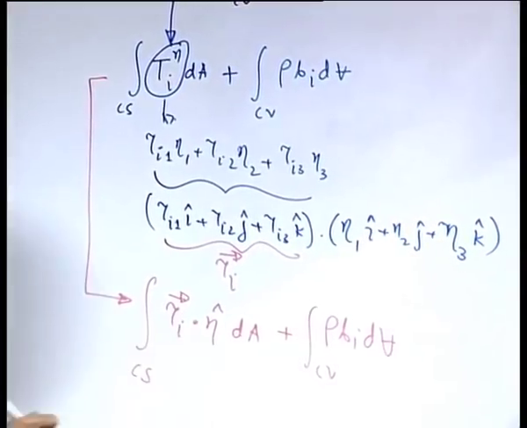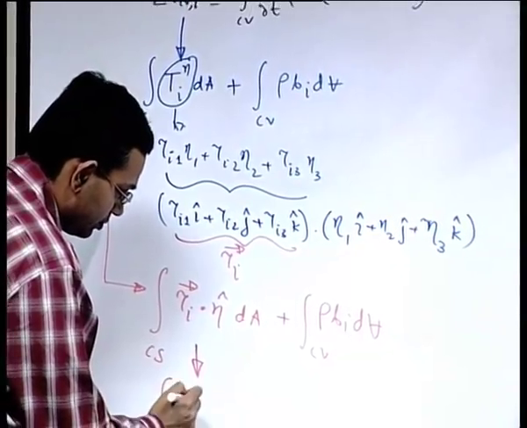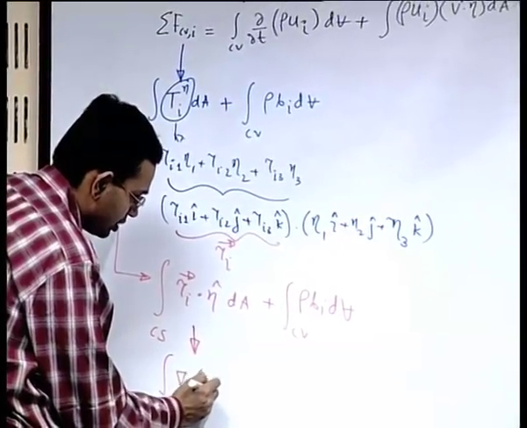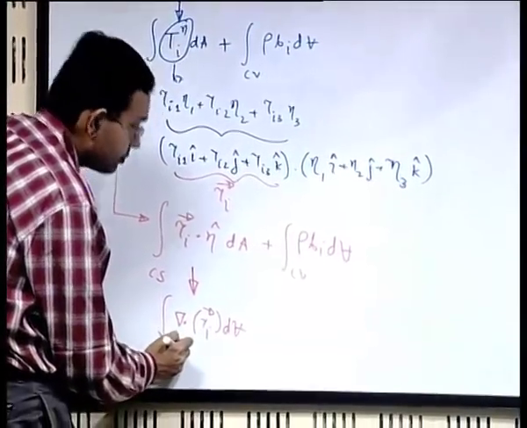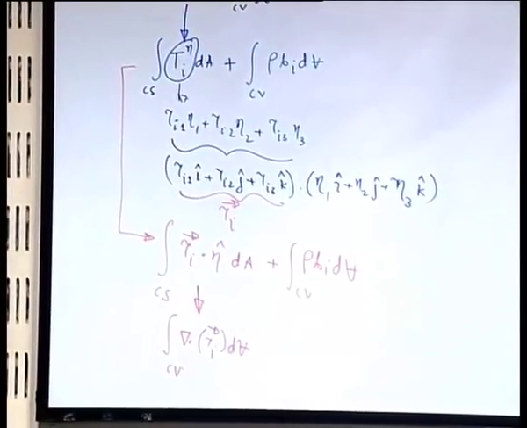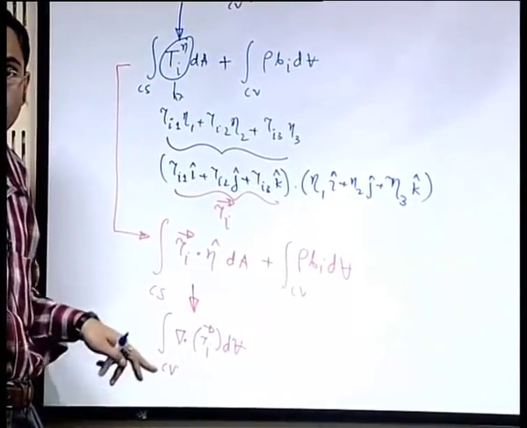Using the divergence theorem, we can express this in terms of a volume integral. This is nothing but the divergence of tau i. So, the left hand side both terms are expressed in terms of the volume integral.